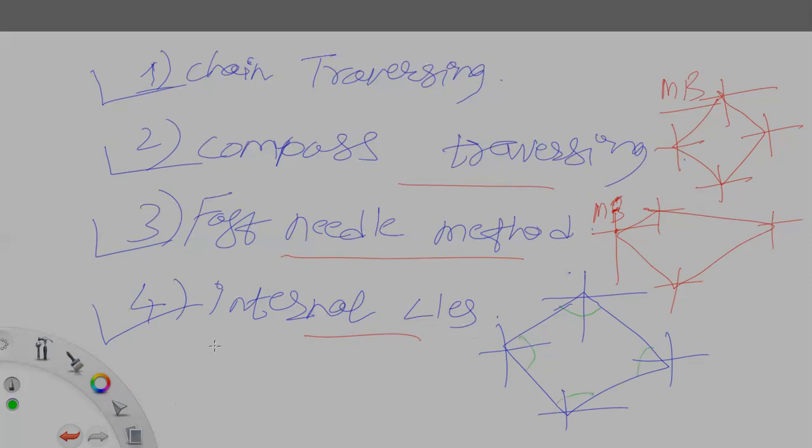You can check the addition of all internal angles with (2n minus 4) into 90 degrees. That's why this method is highly useful, meaning highly accurate. So this is the level of accuracy from upward to downward. I hope you have understood this.